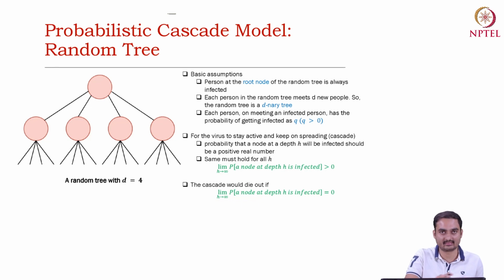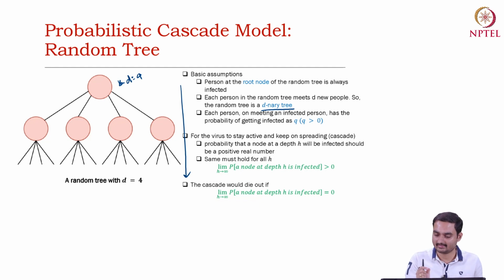A random tree is a tree like structure with infinite depth, and we assume that each node has the same number of neighbors. In this case we assume that each node has 4 neighbors, d equals 4. So we assume a d-ary tree.